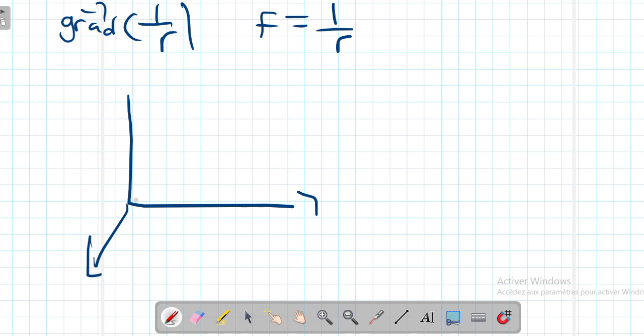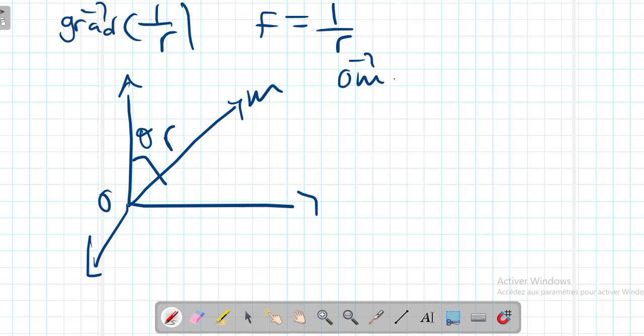If you watch my videos on the spherical coordinate system, I've tried to explain it. So this is the r, the radius. Then this is the angle. Some of you heard me saying theta is associated to the radius r. This is how it actually looks when you go into the spherical coordinate system. For you to find OM in the Cartesian, we said it's x i plus y j plus z k.